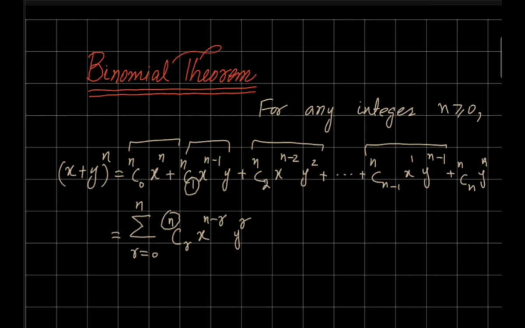Notice for every such r, this r has been subtracted from n for the power of x, and r is the power of y. You can see the same expression in all of these terms, so we have put an index r and used the summation notation to simplify our expression.